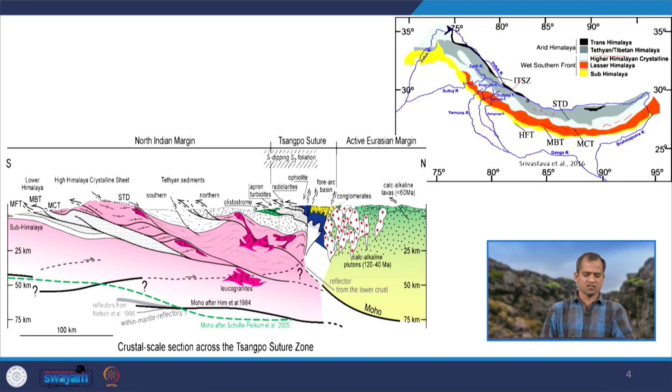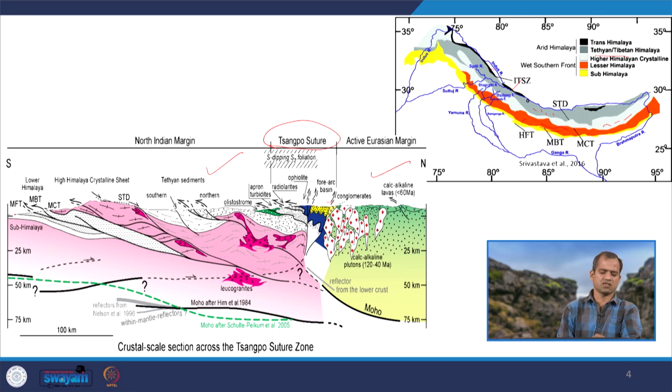And in the cross section, if you see here, this Indus-Tsangpo suture zone is the welding point between the Asian plate and the Indian plate. The northern part of the Indian margin has been divided into different thrust sheets.